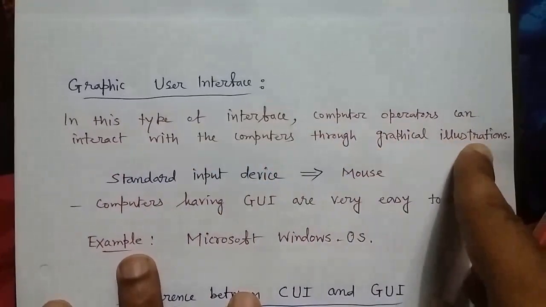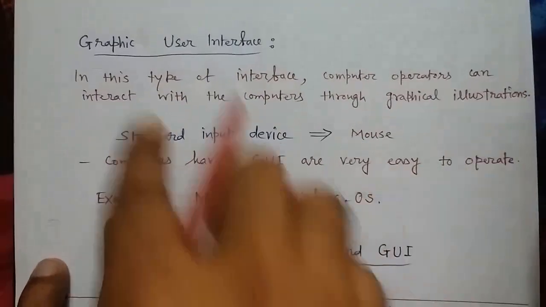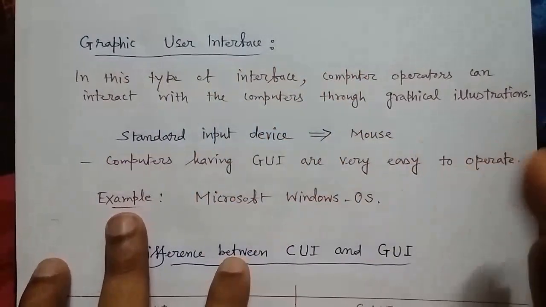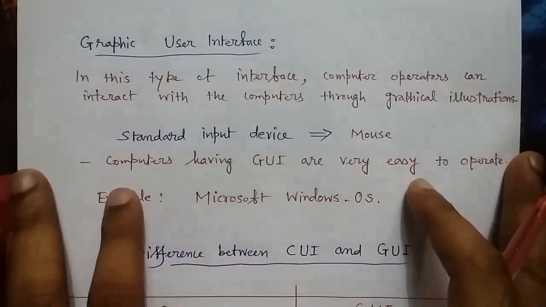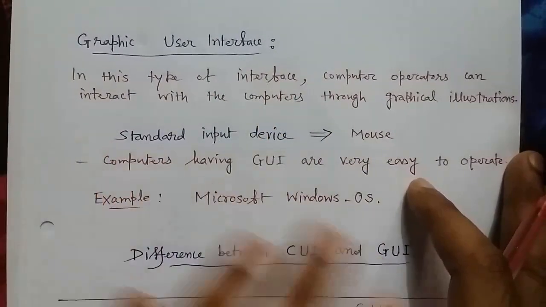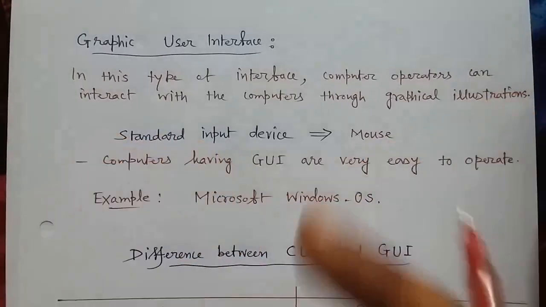Graphical illustration means icons, pictures, etc. In graphic user interface, a mouse is used to move the cursor around the computer screen, and by simply clicking the icons the user can run an application instead of typing commands.